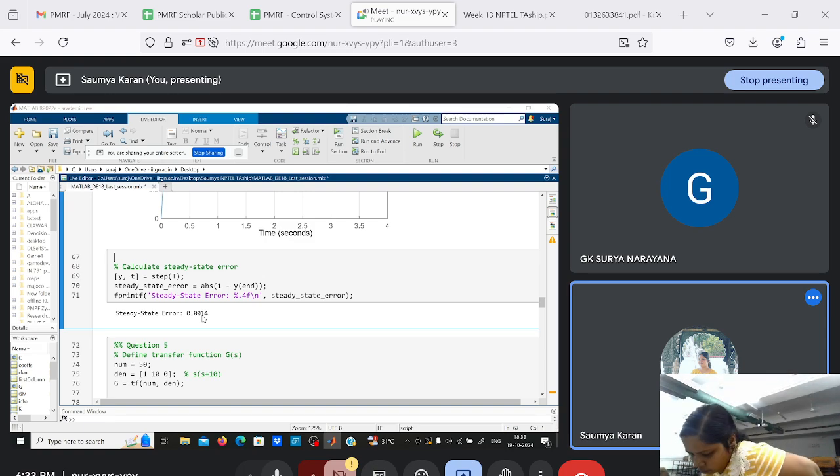First of all, there are some very basic things that you should remember. What is gain margin? It's a factor by which gain can be increased before it reaches instability, right?